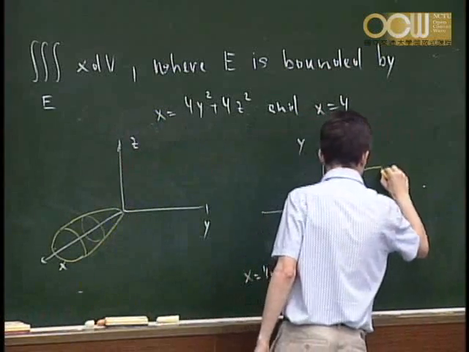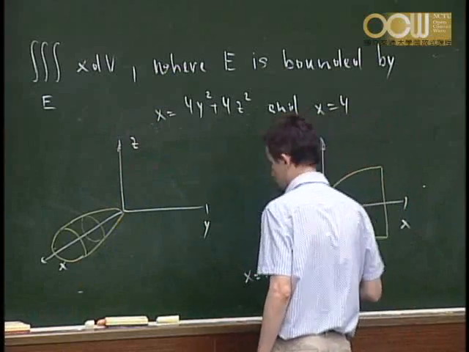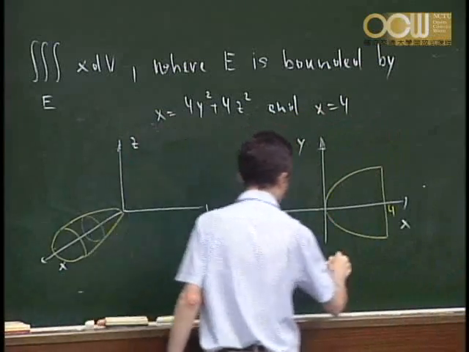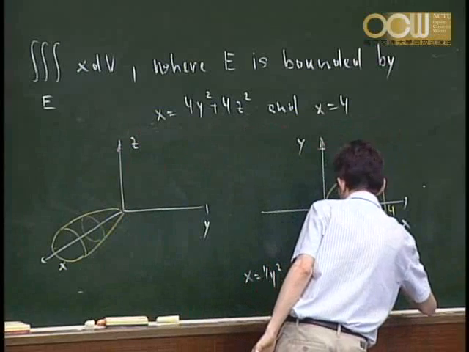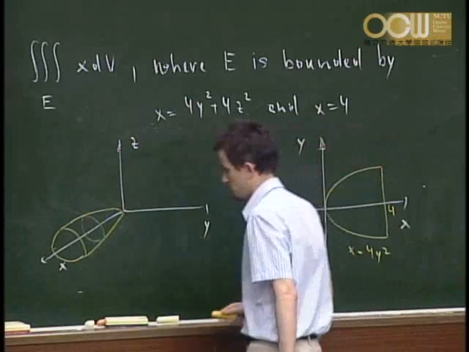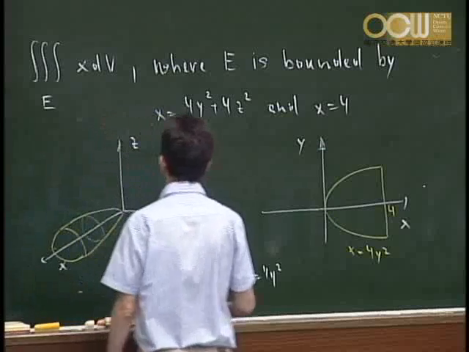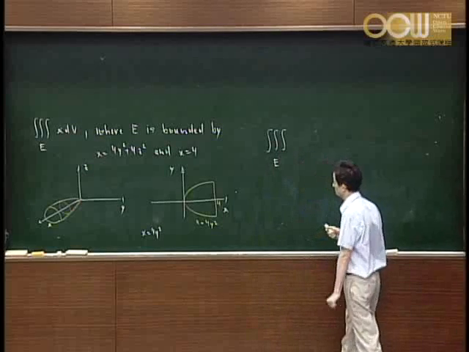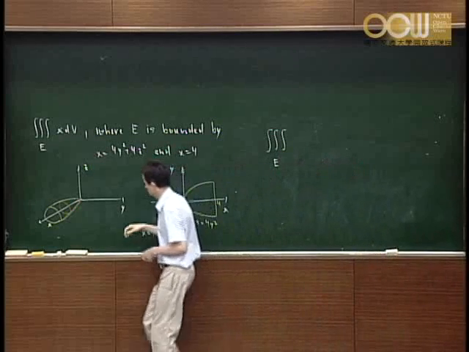And here you have the line x equals 4, so this will be 4 here. And this will be x equals 4 times y squared. Now, for instance, if you want to set it up, you have the integral over E. Maybe I should.